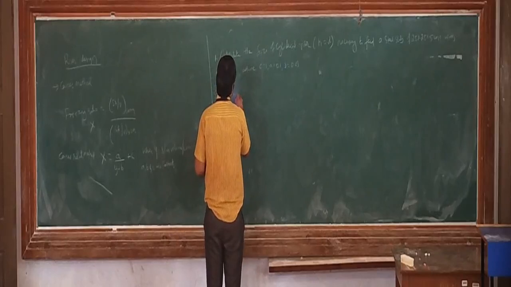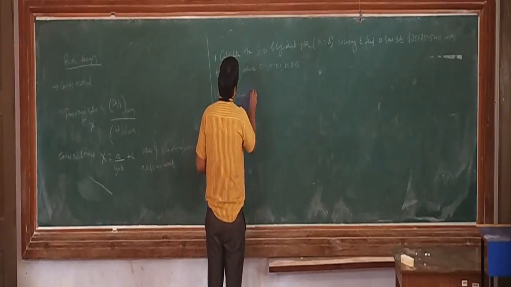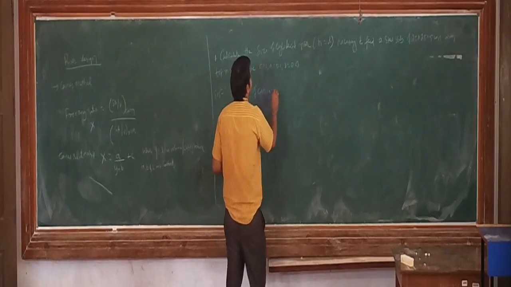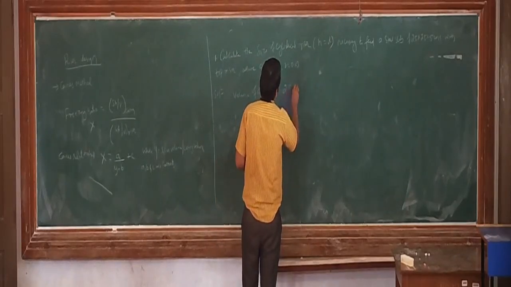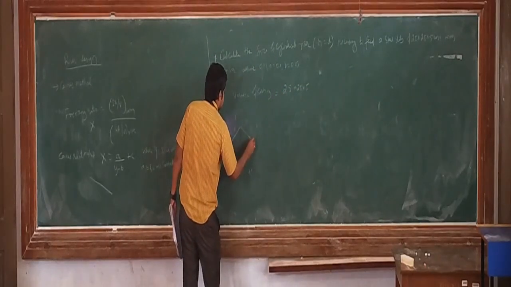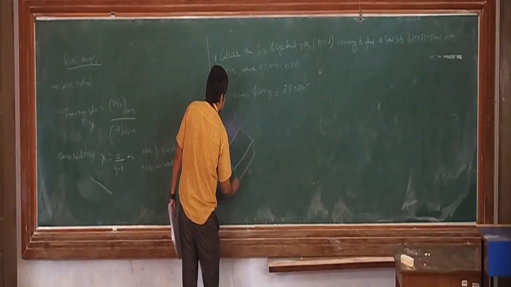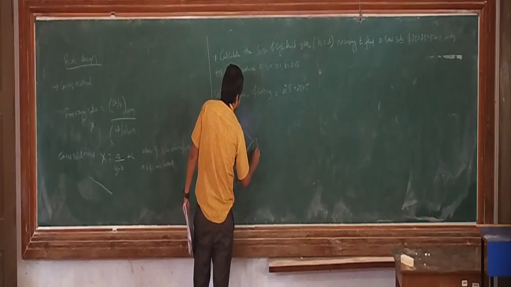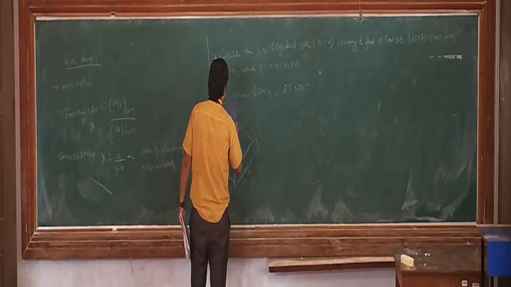Volume of casting, that is 25 by 25 by 5, that is given there. So in general, this is the steel casting, 25, 25, 5, and we have a riser.